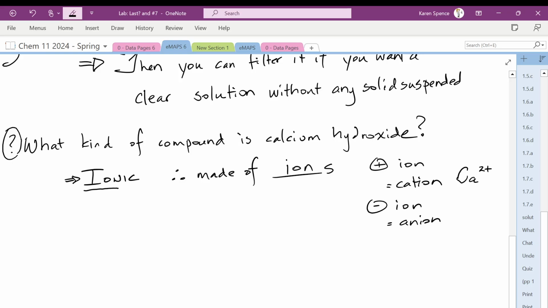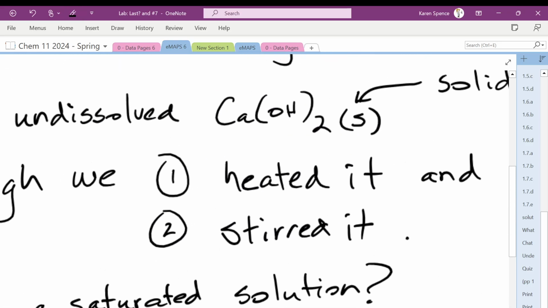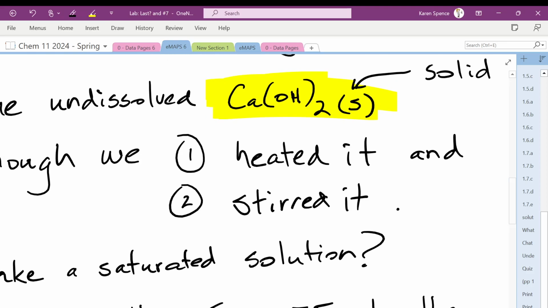And what is the anion in calcium hydroxide? What's the anion? OH minus. OH minus, yes, hydroxide.